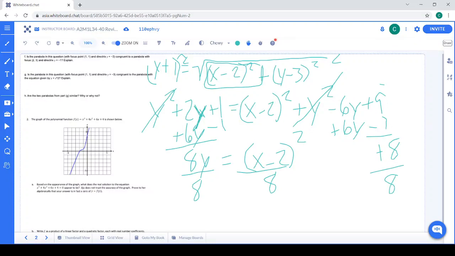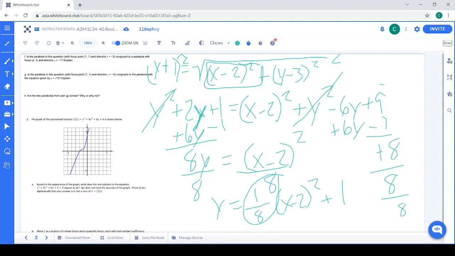And now we have y equals 1/8 (x minus 2) squared. This is also divided by 8, so plus 1. So we have the same here, therefore it's going to be the exact same distance, and this is going to be a congruent parabola.